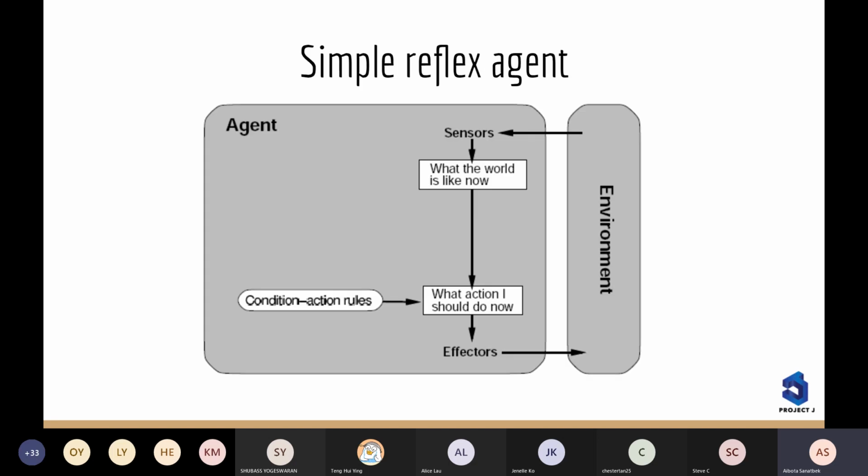The first type of agent is the simple reflex agent. As the name suggests, the simple reflex agent is very simple. It only operates based on condition-action rules, which are if-else statements, right? One characteristic of a simple reflex agent is that it only takes into account what the world is like right now, and it performs its actions only based on that input.